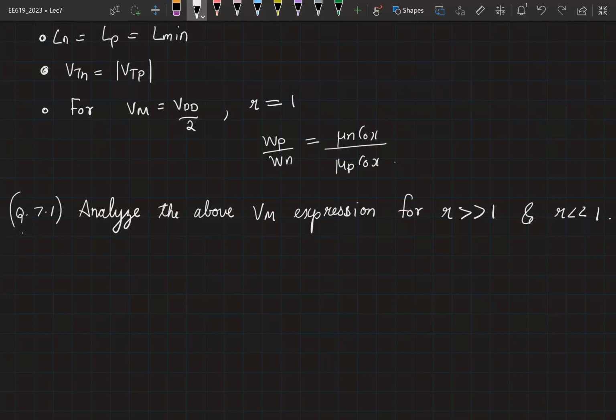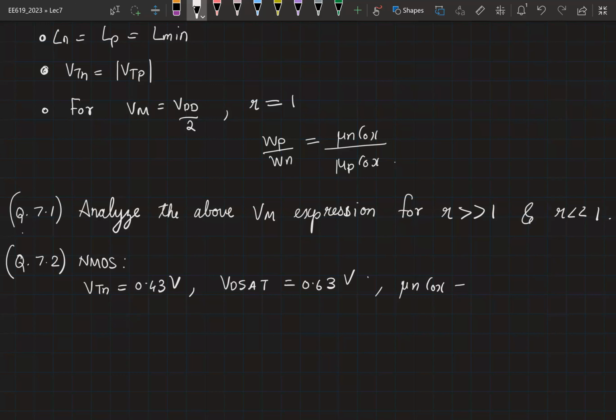So now let's quickly do a numerical problem. The NMOS characteristics are as follows. VTN is 0.43 volts. VDSAT is 0.63. And mu NCOX is 115 microampere per volt square.